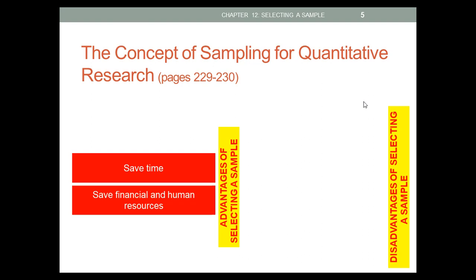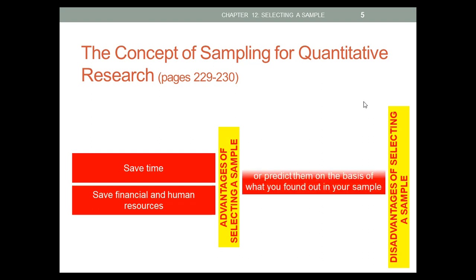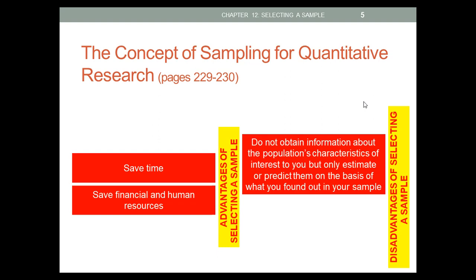Some disadvantages of selecting a sample. The first disadvantage is this: we do not obtain information about the population's characteristics of interest to you, because you don't collect the data from everyone. You don't obtain information about, for example, their age, or their income, or the political party that they voted for.